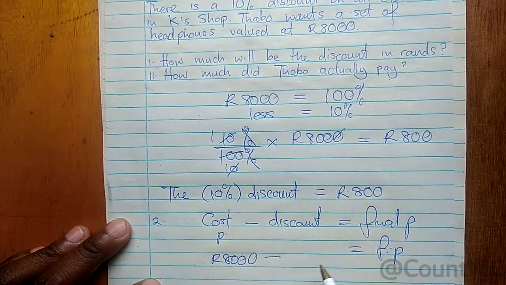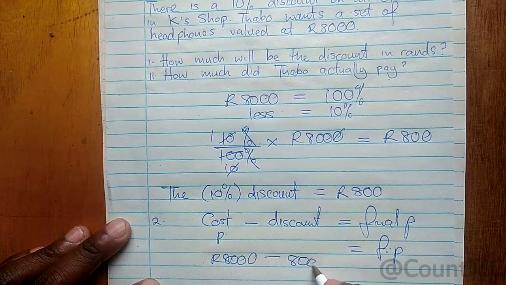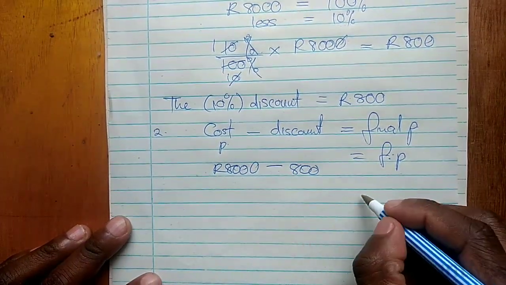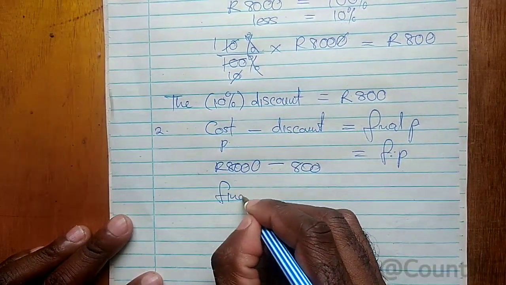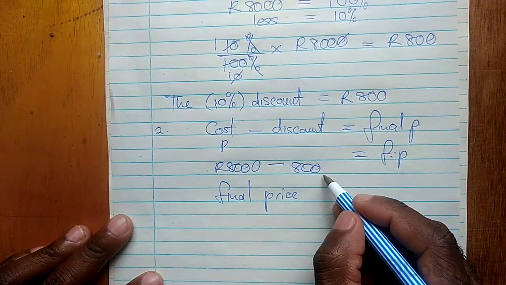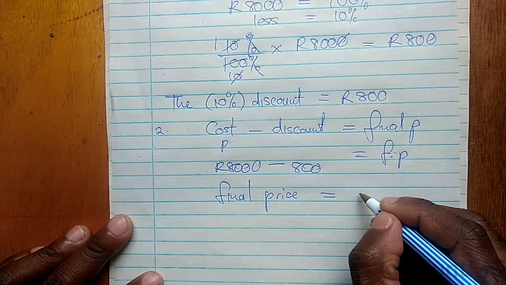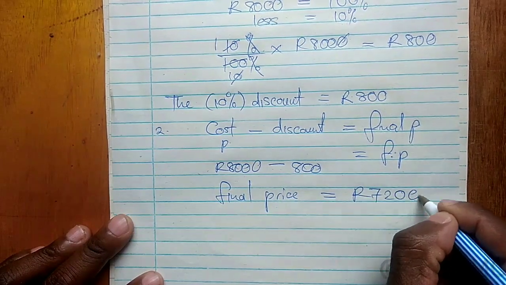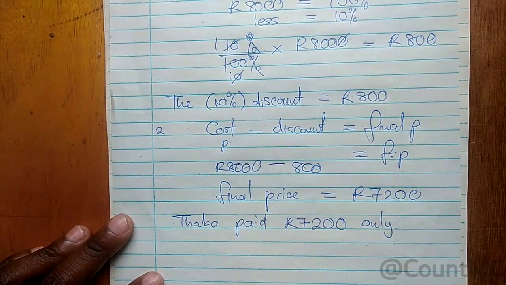We have the discount of 800. So the final price, 8,000 minus 800, you get 7,200. So in the end, Thabo paid 7,200 rands only for the headphones.